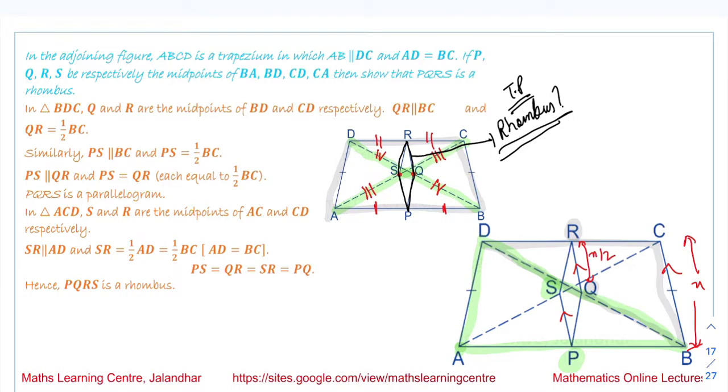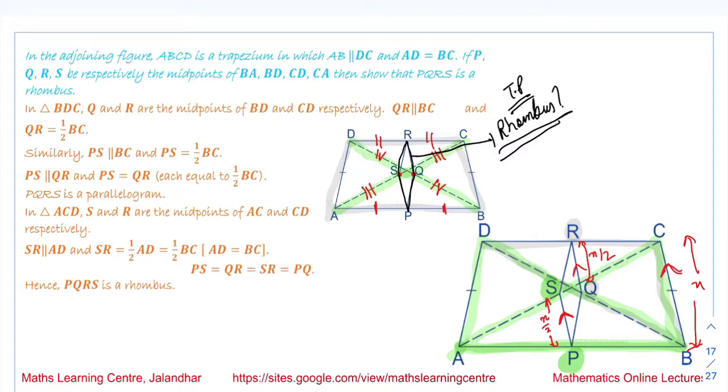Similarly, if we consider the triangle ABC, in this triangle S is the midpoint of AC and P is the midpoint of AB. So what we get is that the side SP is parallel to the side CB, and this length is x by 2.